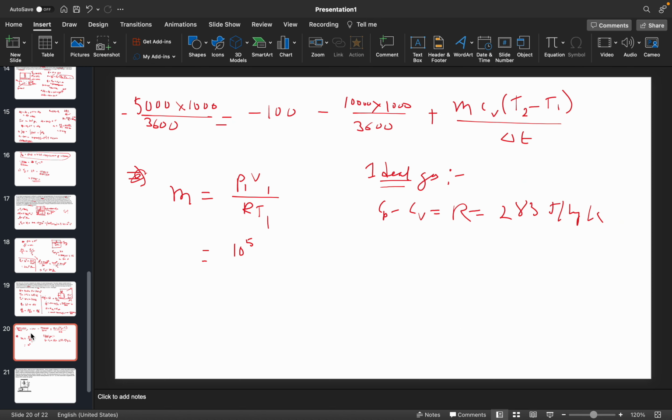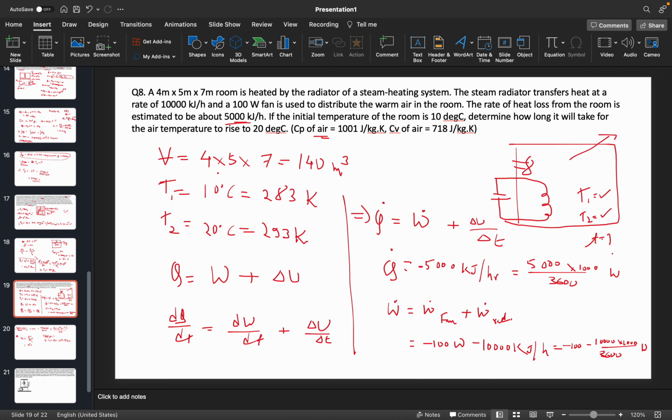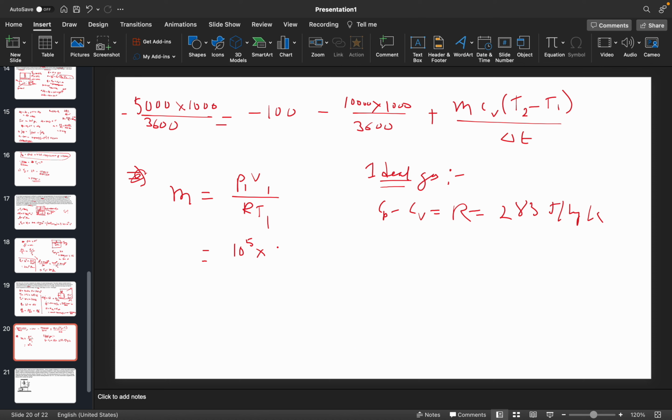So my P1 will be 1 bar, that is 10 to the power 5 Pascal. My V1 I have already taken, it remains constant, so that will be 140. And my R value is 283, and my initial temperature is 283. Oh, it came the same, no issue. So that will give you 10 to the power 5 into 140 divided by 283 into 283.